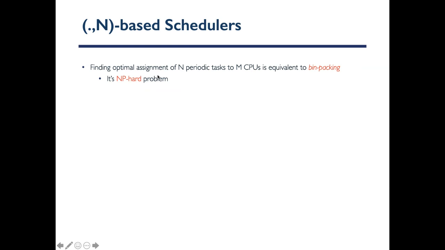Basically finding the partitioning that would lead to all tasks meeting their deadlines and achieving the lowest execution time possible is NP-hard. So you cannot wish to solve or come up with optimal schedulers in these classes. So this actually is 3 classes.